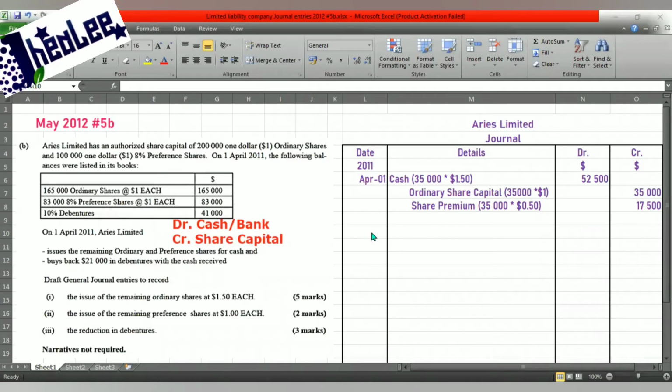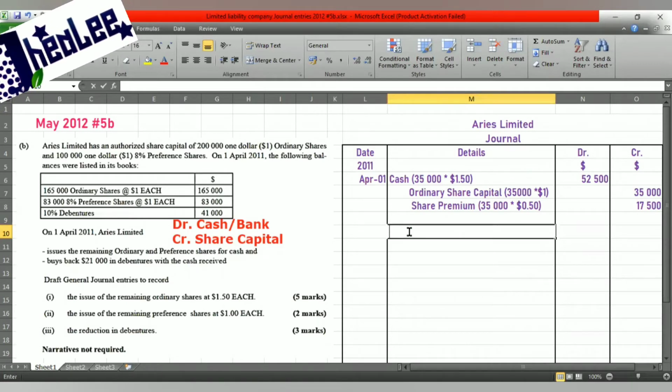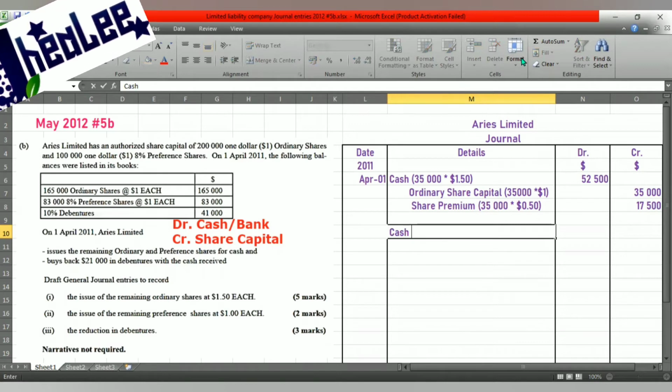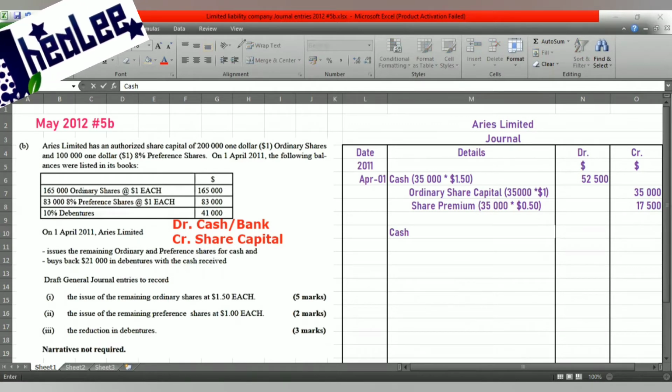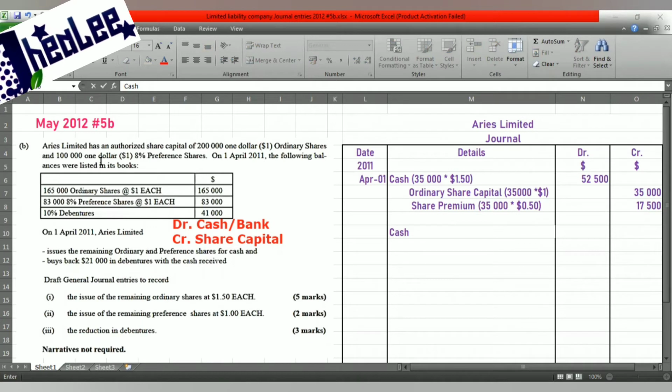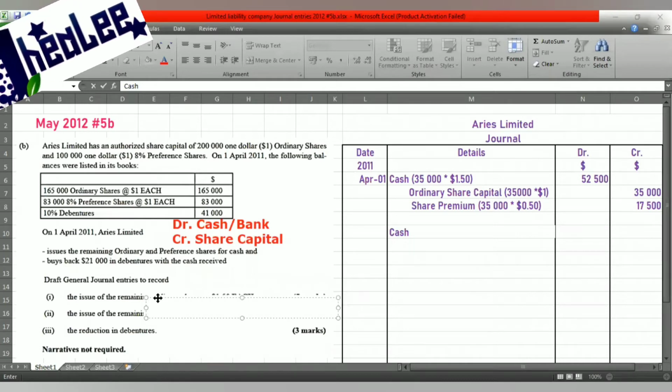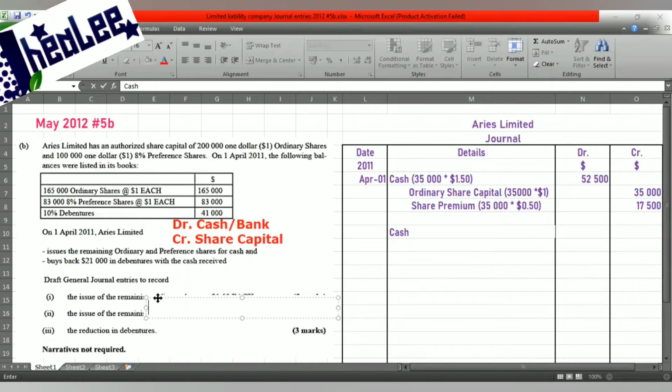So we're going to go ahead and make that entry. So our cash is debited. And in order to know the amount of shares that were sold for the preference, remember the authorized is 100,000. So they were allowed to sell 100,000, but based on information, 83,000 was already sold. So we're going to subtract that from the 100,000.